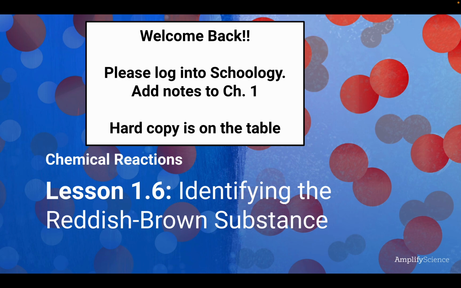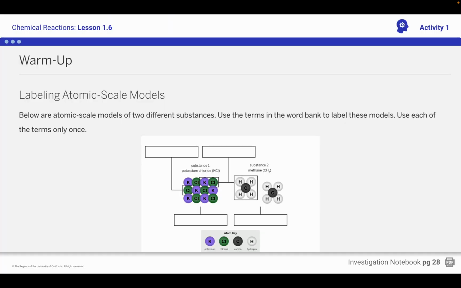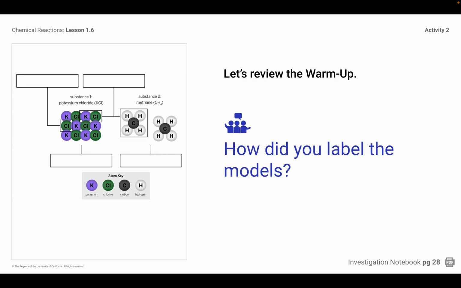And we saw that they all had different properties, and we compared the different substances and saw that they had different properties, and so therefore we know that they're different substances.